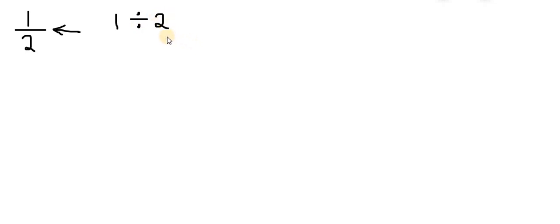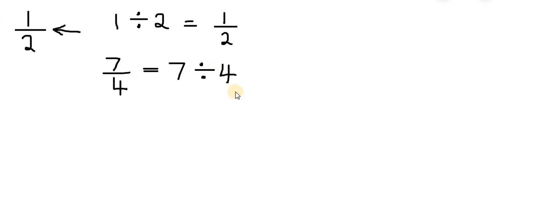Make sure to always keep that in mind. 1 divided by 2 is what can be written as 1 over 2. In the case of an improper fraction, 7 divided by 4 can be written as that, and can move on to this. Okay, that's very important to remember.